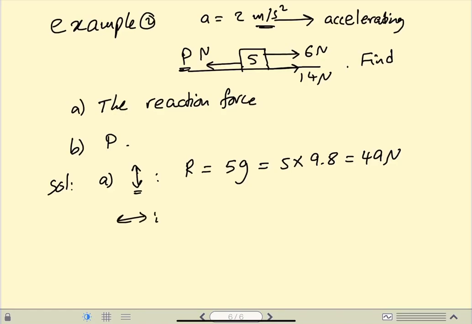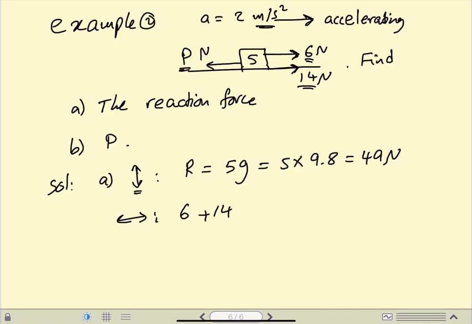Horizontally, we have to pay attention, be careful that these two forces, 6 and 14, are in the direction of motion. So 6 and 14, both are main forces. As we said, 6 is in the direction of motion and 14 as well. So what's the main force in this? 6 and 14.